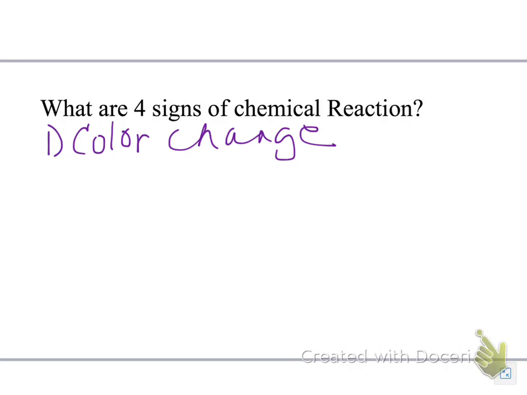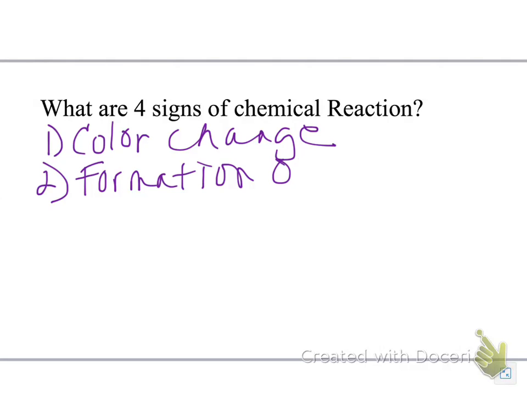All right, so let's just remember what are some of the changes that we identify as indicating that we have a chemical change going on. Well, as you remember, an obvious one is if a color changes, that means we have a new product that's formed and it's a different color than the reactants were. So in all cases, we're looking for some indication that something new was formed.